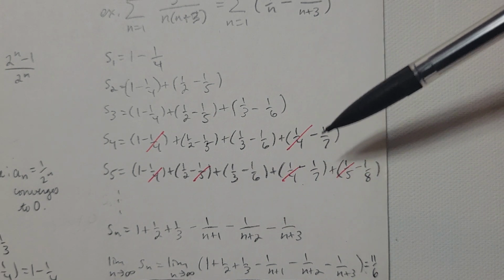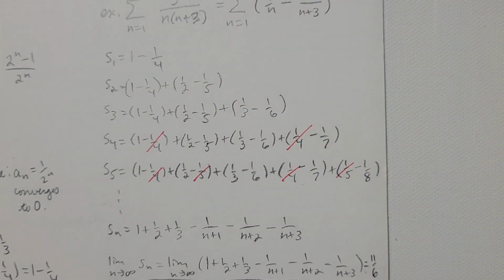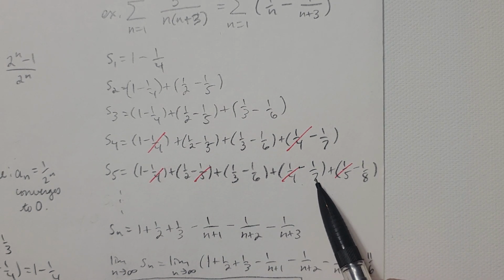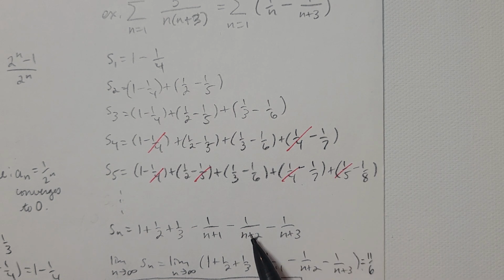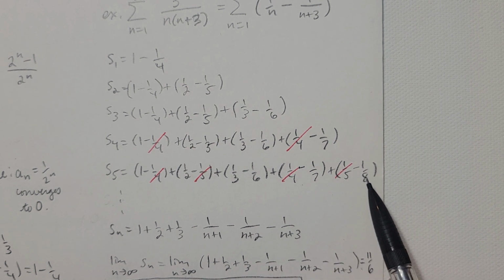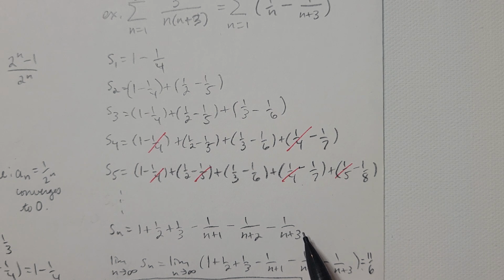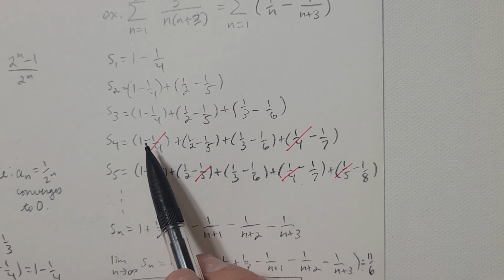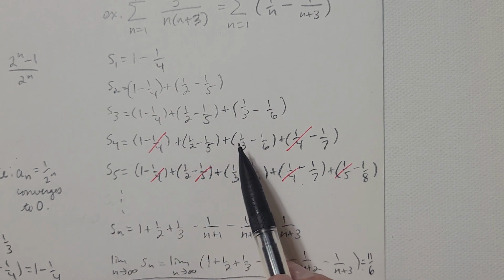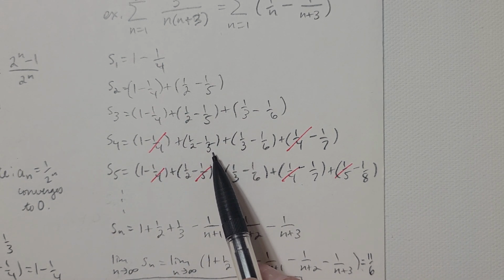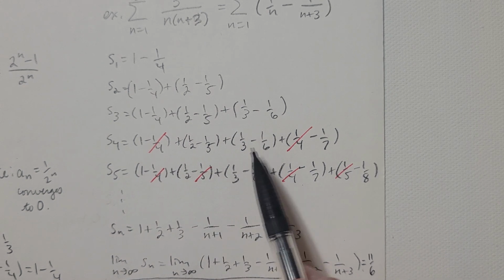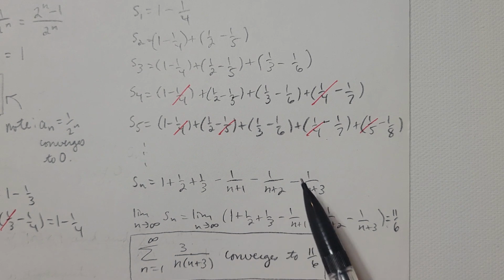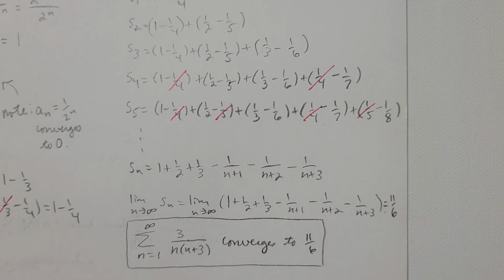So in the substitute there was 5. So it'll be 1 over n plus 1 minus 1 over n plus 2 minus 1 over n plus 3. That's what I see in this pattern. When I got 1 plus 1/2 plus 1/3, and then 5, that's 1 more than 4, 6, and then 7. Okay, so this would be the general formula that I'm getting for S sub n.